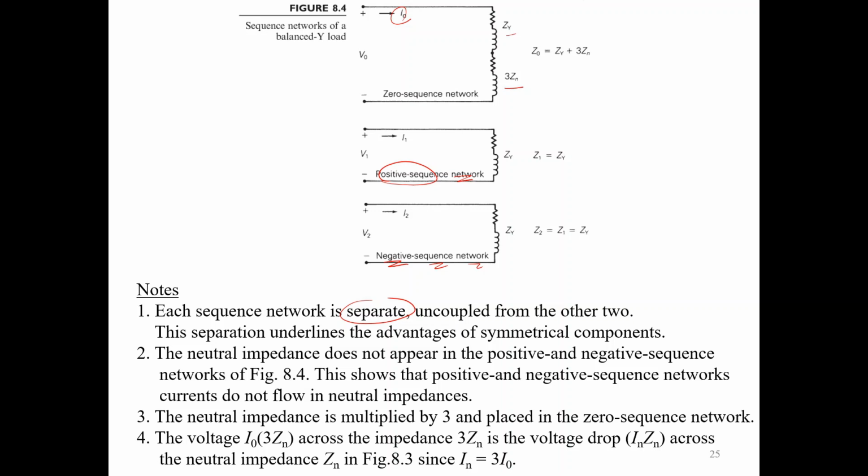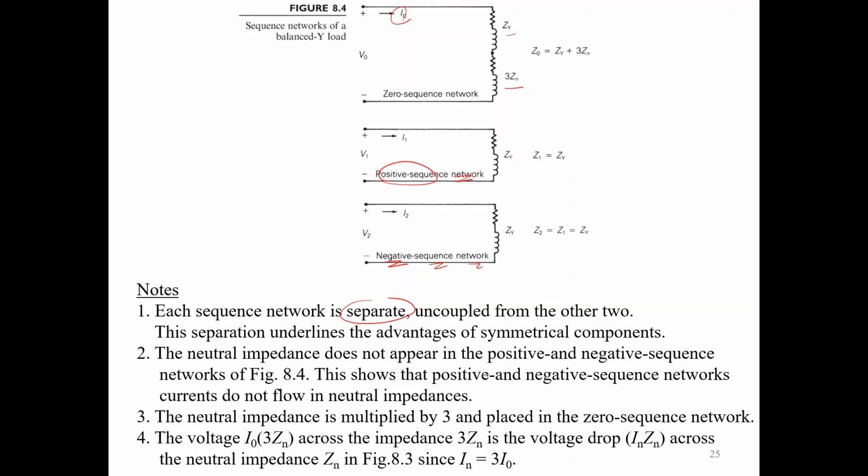The separation underlines the advantage of symmetrical components, because we like to separate things and analyze a simplified system. The neutral impedance doesn't appear in the positive and negative sequence networks. In this picture, this shows that the positive or negative sequence currents do not flow in the neutral impedance.